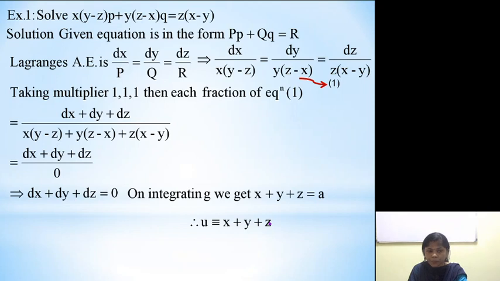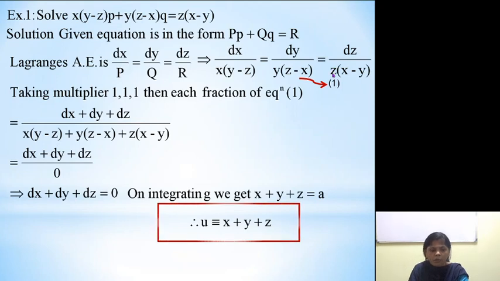Now our aim is to obtain the second independent solution, right? If you observe these three fractions carefully, x is common, y is common, and z is common. So we'll try to cancel out this common factor. This gets cancelled if I multiply by 1 by x, this with 1 by y, and this with 1 by z.